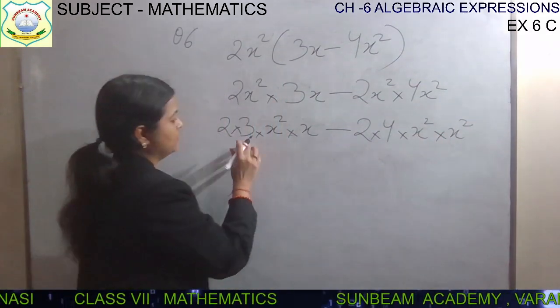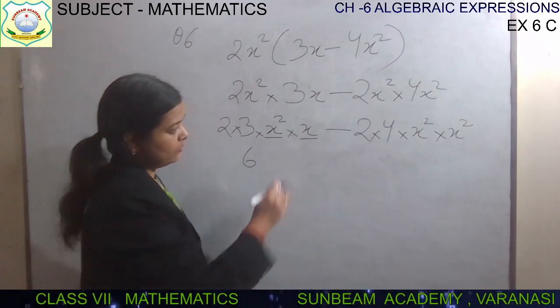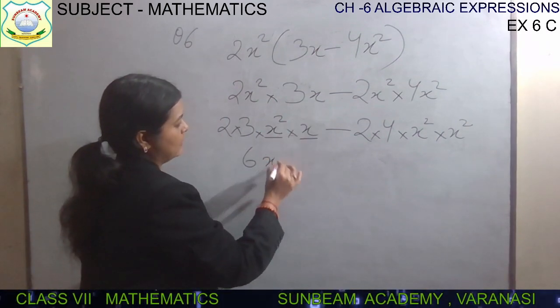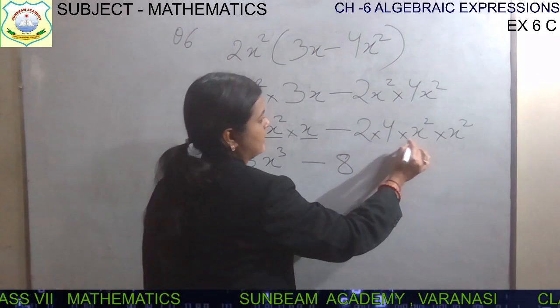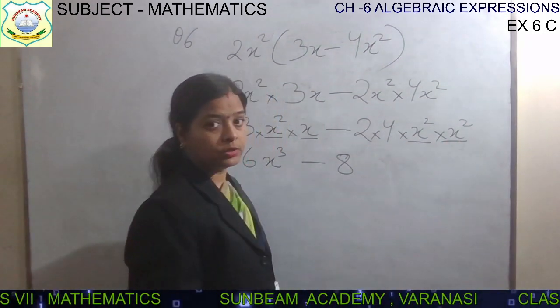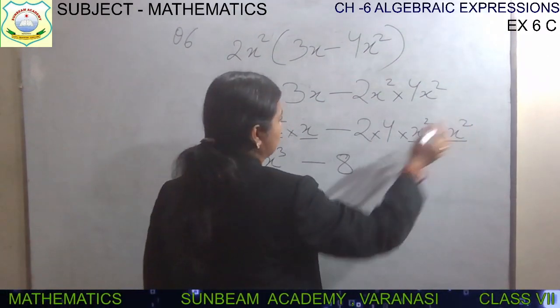Now 2 3s are 6. X and x bases are same, we have to add their power. So x cube minus 4 2s are 8. X and x bases are same, and we are multiplying them, so we will add their power. 2 plus 2, that is 4.